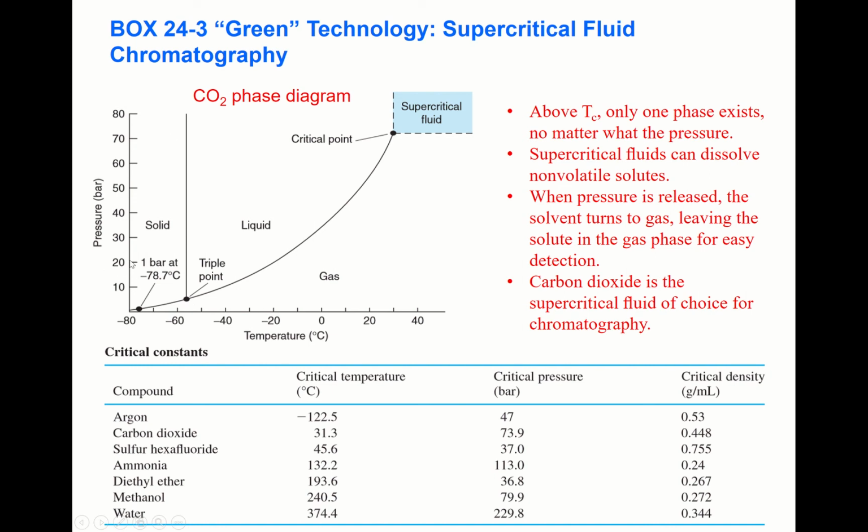In this area is solid CO2, liquid CO2 exists in this area, and in the other area gas CO2 exists. These lines divide the phases. At this point the three lines meet, called the triple point, where solid, liquid, and gas coexist.